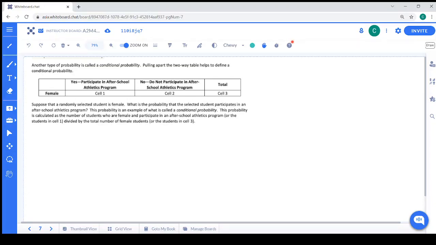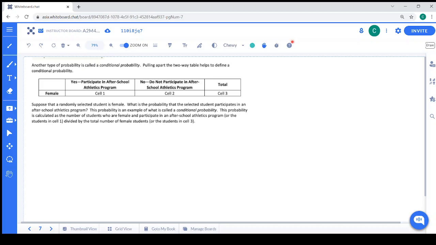What is the probability that the selected student participates in an after-school athletic program? This probability is an example of what is called a conditional probability. This probability is calculated as the number of students who are female and participate in an after-school athletic program, or the students in cell 1, divided by the total number of the female students.